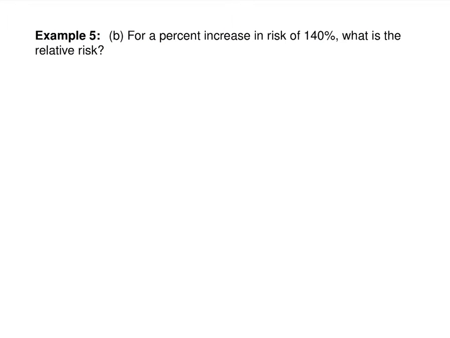And suppose on the other hand, I told you what the percent increase was, could you find the relative risk? So we have relative risk minus 1 times 100% is equal to percent increase, which is 140 in this case. Okay, well, let's just take that relative risk and make it into a variable. Let's call it x. X minus 1 times 100 is equal to 140.